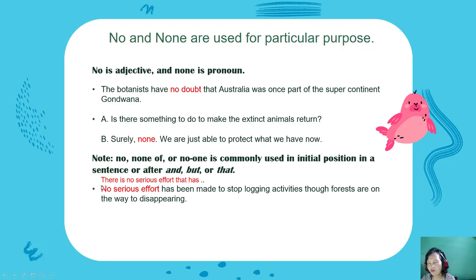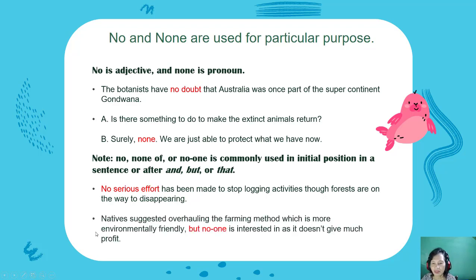In more formal writing, I suggest you have this: there is no serious effort that has. Okay. Natives suggested overhauling the farming method, which is more environmentally friendly, but no one is interested in it, as it doesn't give much profit. But no one, so it is used after but.